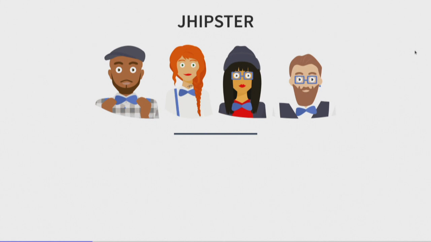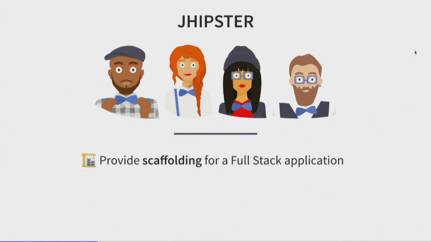Quickly, a word on JHipster. I think many of you already know, but JHipster is a code generator. We provide a scaffolding for a full-stack application with a Java backend using Spring Boot and a JavaScript front-end, TypeScript, with a choice of the major frameworks, Angular, React, and Vue.js.